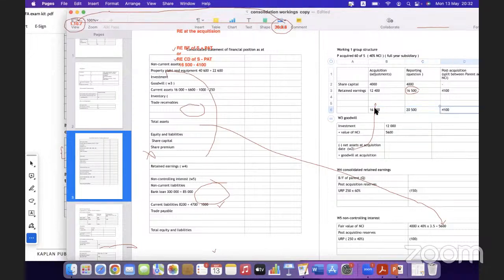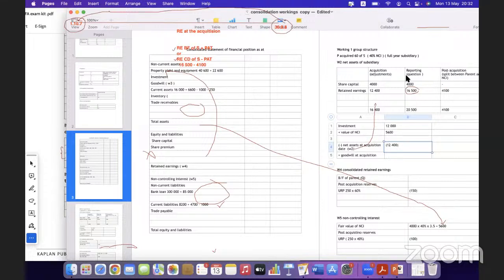So guys, always remember this answer, the acquisition date net assets will go over here, 4,000, 12,400. And 20,500 has no purpose at all. The 4,100, guys, is post acquisition. So you have to split between parent and NCI. Always see it this way.